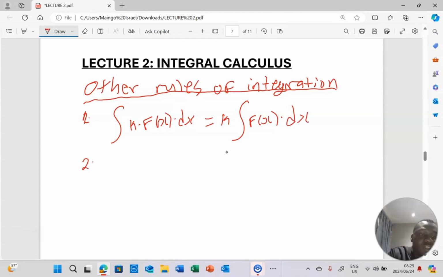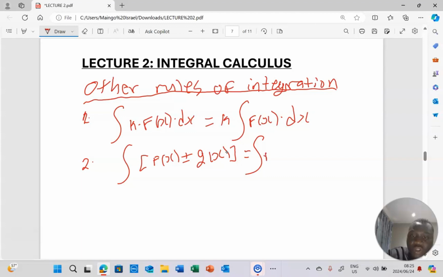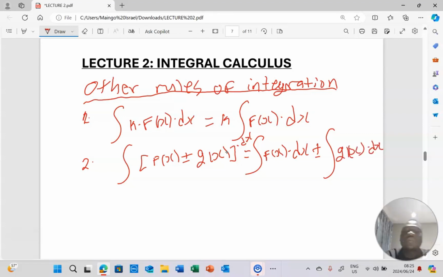Number 2 is the sum rule. The integral of two different functions, f of x plus or minus g of x, we are allowed to integrate each function separately. So this would be the integral of f of x dx, don't forget we have the dx here, plus or minus the integral of g of x dx. So those are other rules of integration.